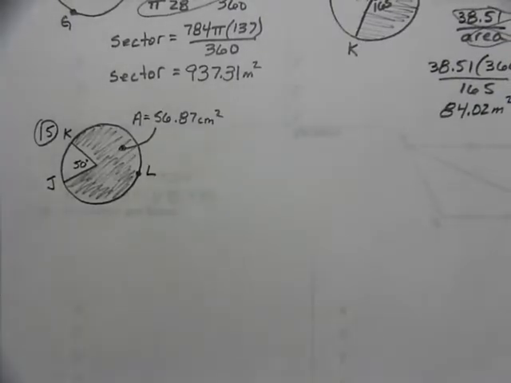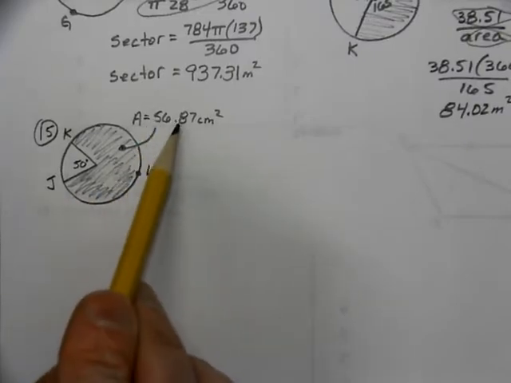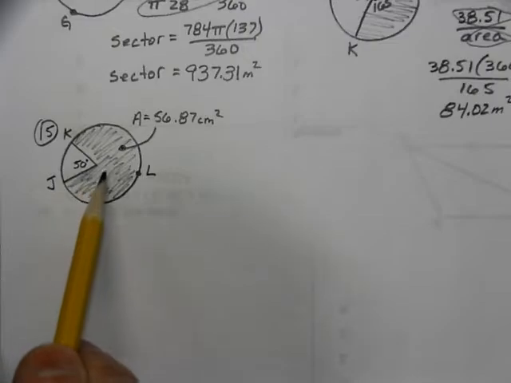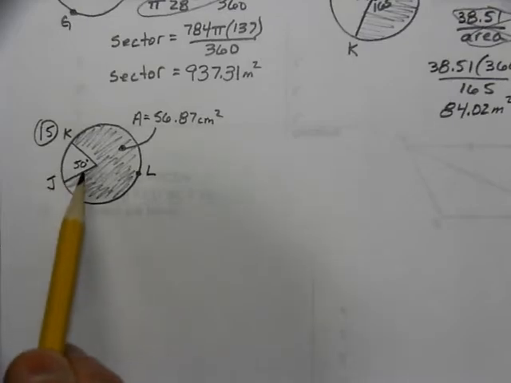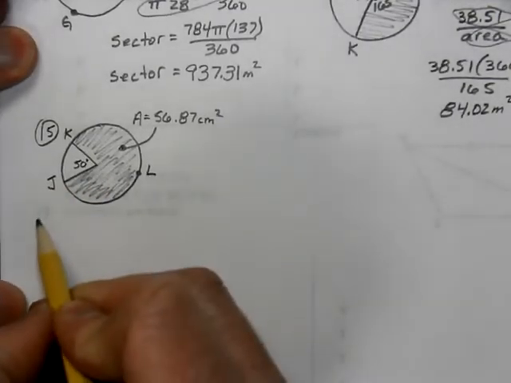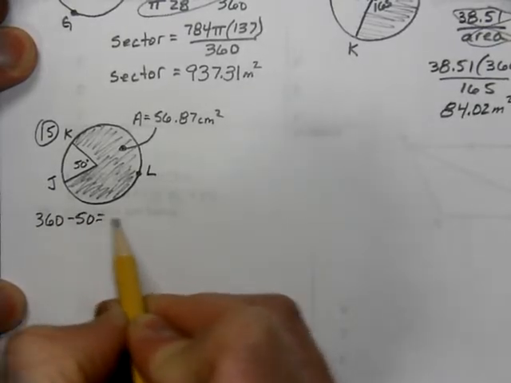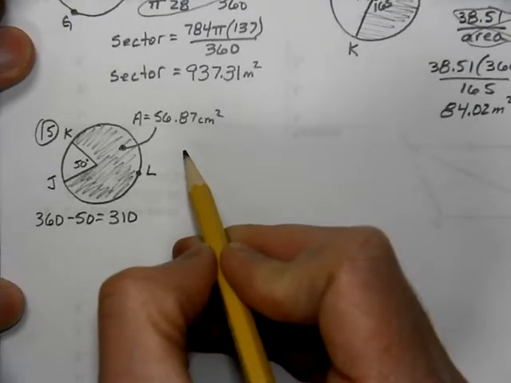Here's number 15. We have a sector area that's 5687. We don't seem to have the central angle that represents that, but we do have 50 on the outside of that. And we're looking for the area of the whole circle. So we're going to take 360 and subtract the 50 to get 310.